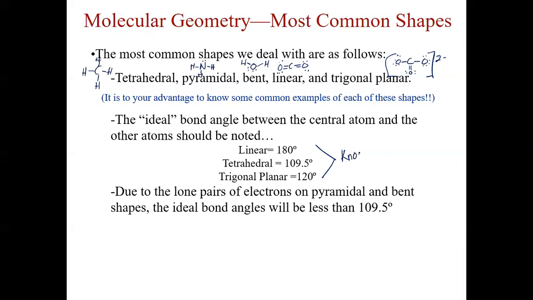It would be great to know what these are. And so that is just going to help speed up your process. So due to the lone pairs of electrons on pyramidal and bent shapes, the ideal bond angles are going to be less than 109.5.